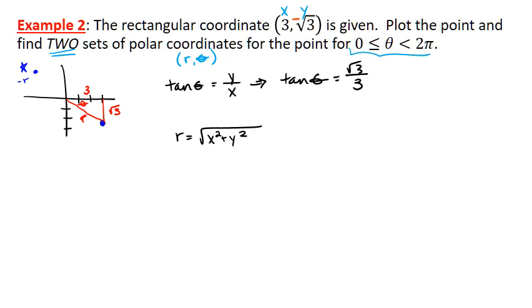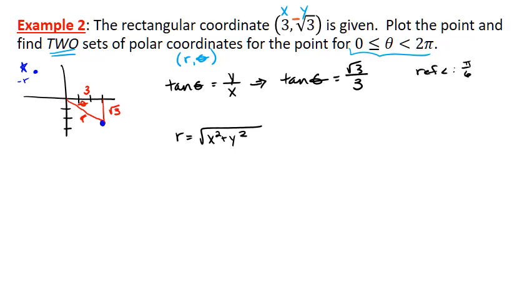Okay, so again, the unit circle and some trig comes up. And if that's the case, tangent of theta is equal to root 3 over 3 at multiples of pi over 6. So my reference angle is going to be pi over 6.